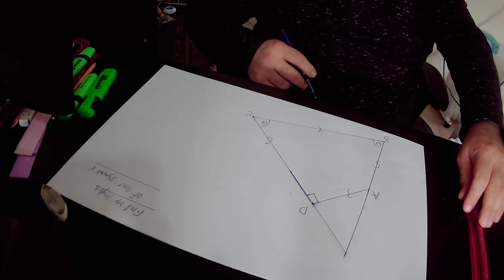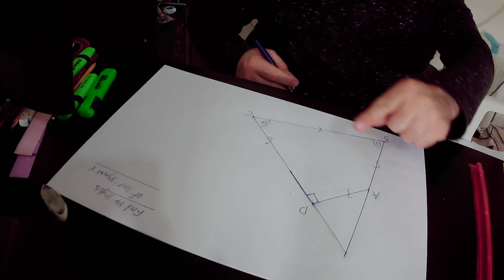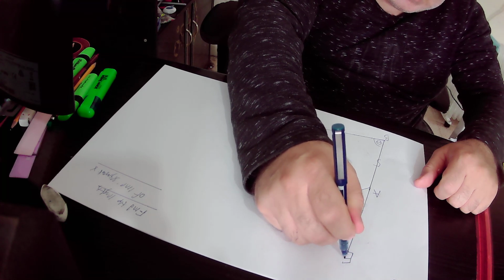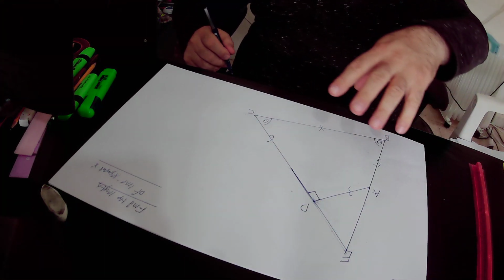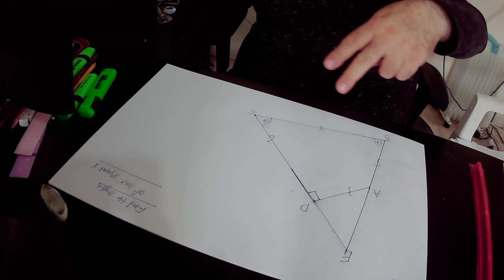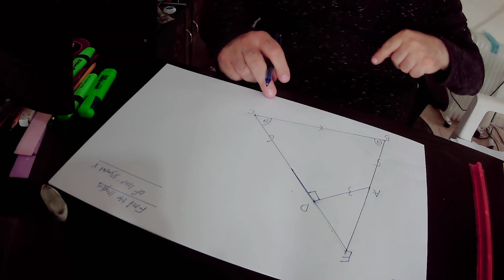We define the intersection point between the extended side BA and the extended side CD as point E. So we actually created triangle EBC. In this triangle EBC we have two angles that are equal to each other.